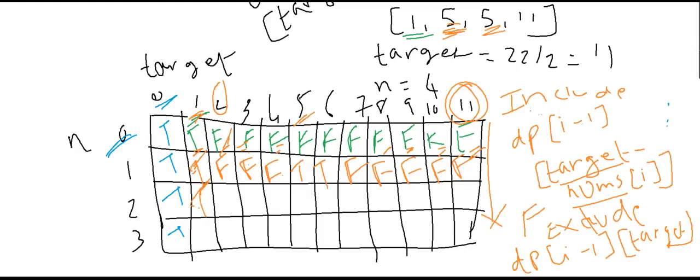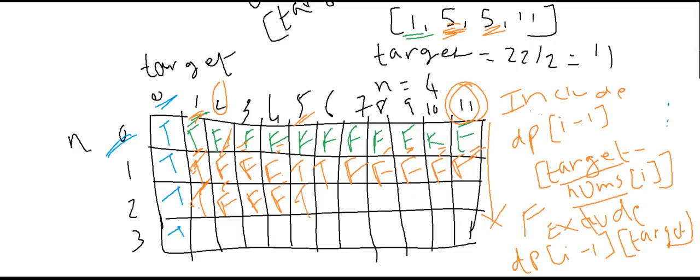Minus 3 is negative, so our include is false, exclude is this cell value, so this is false. 3: our target is 3, 3 minus 5 is minus 2, so include is false, exclude is false, so this is false. 4 minus 5 is minus 1, include false, exclude is this cell which is false, so ORing both is false. 5 minus 5 is 0, so dp of I minus 1, which is 1, and 0, is true. So include is true, so this will be true.